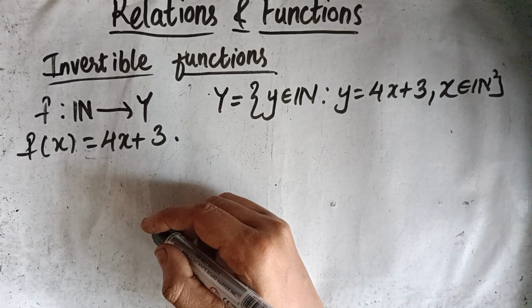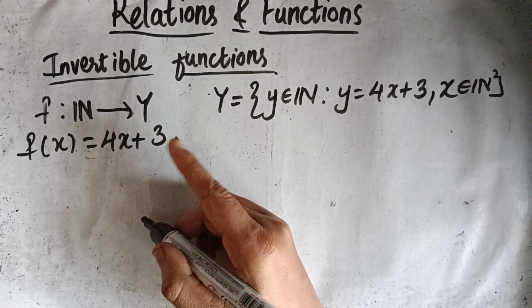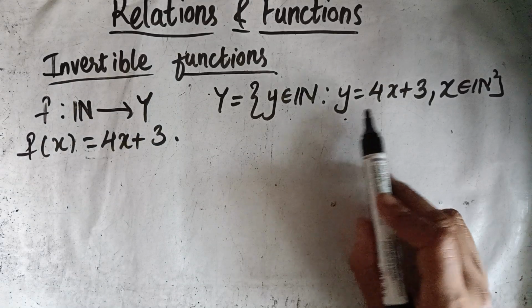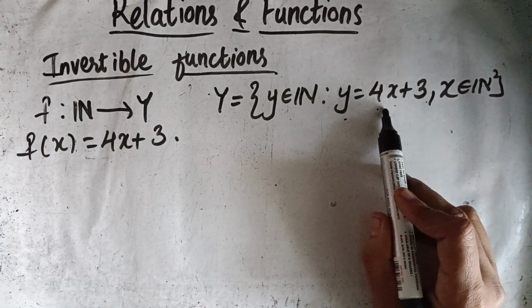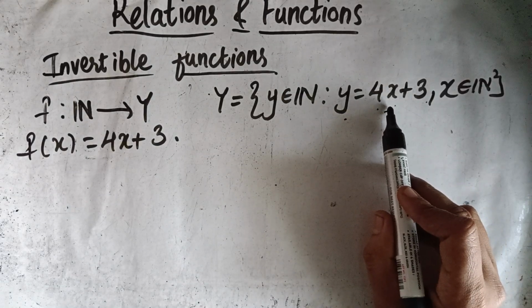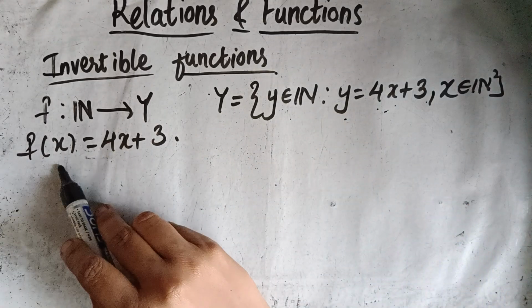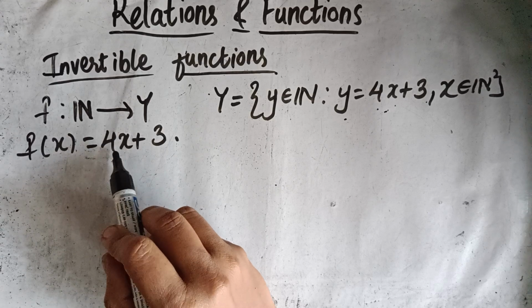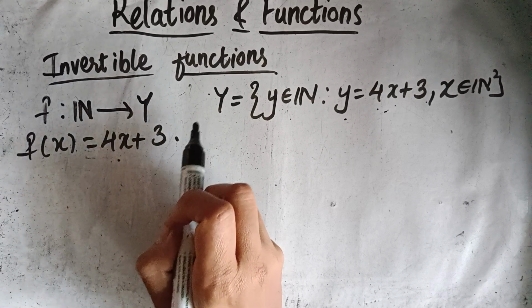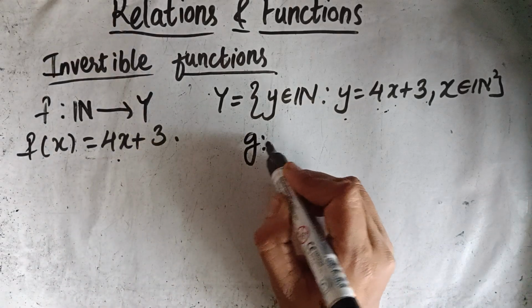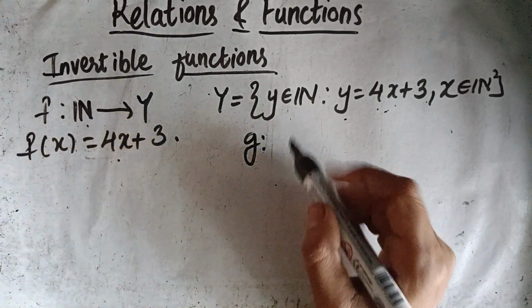So first you have to find out g composite f and f composite g, right? Here y is given to be 4x plus 3, so f of x is equal to 4x plus 3. First you have to find g of y. The g function is given from Y to N, right?